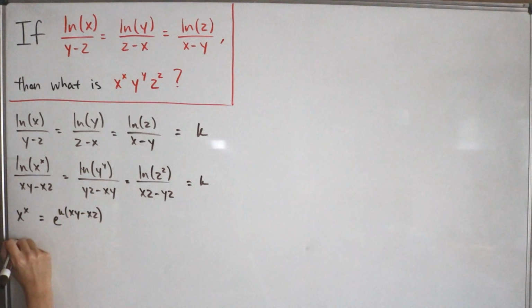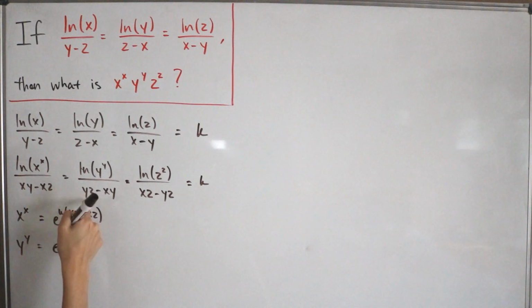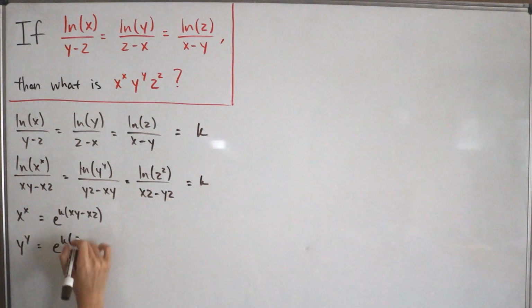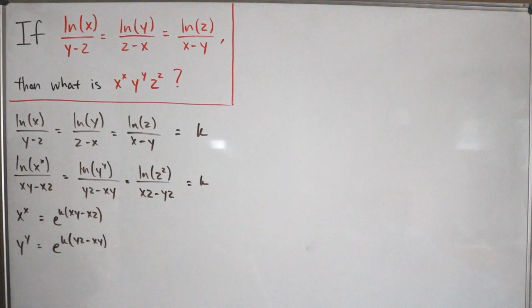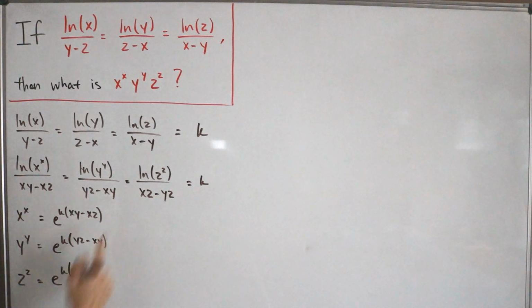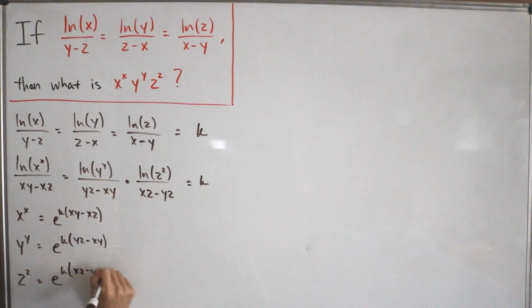Next, I'm going to move on to y to the power y. Do the same thing: that's e to the power k times y z minus x y. Then do that one more time for z to the power z, which is equal to e to the power k times x z minus y z.